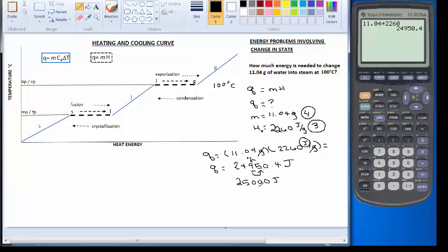The number as it is written does not give us 3 significant figures, so we would have to change this number into scientific notation in order to give ourselves 3 significant figures. So it would be 2.50 to give our three significant figures times 10 to the 1, 2, 3, 4th power joules. So this would be our answer in the correct number of significant figures.